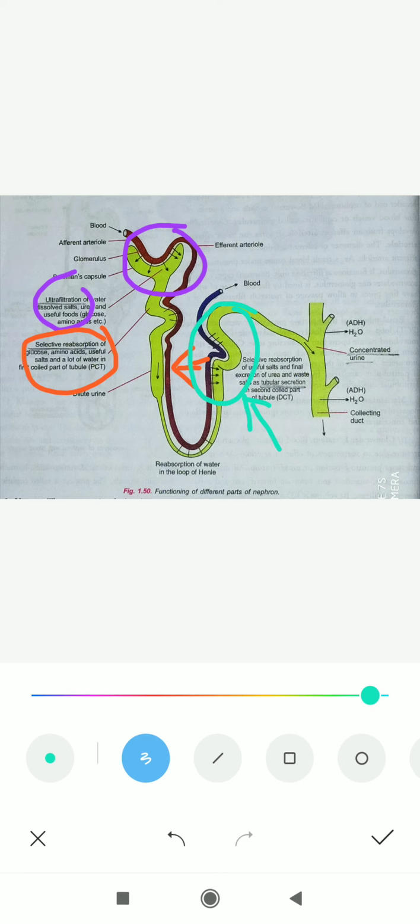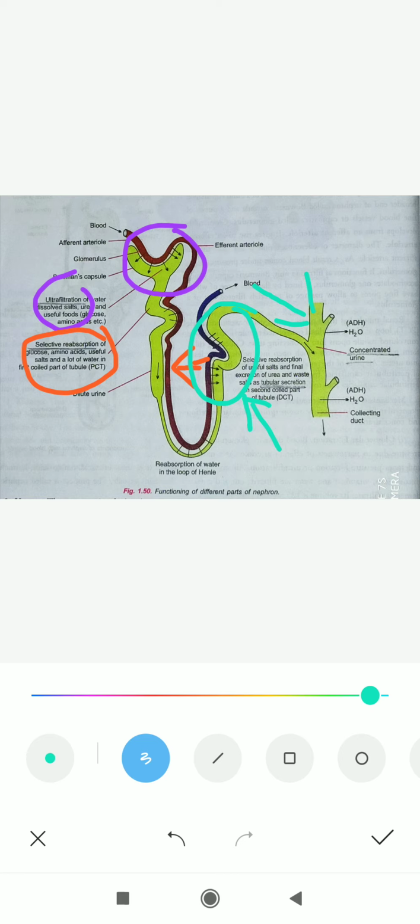So now the distal convoluted tubule contains the excretory waste, which contains a lot of water, various salts, amino acid, some amount of glucose, and important sources of nitrogen like urea, uric acid, etc. And this filtrate, which is now known as urine, moves towards the collecting duct.